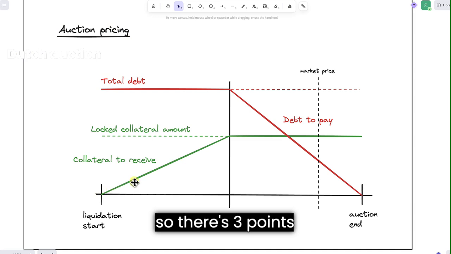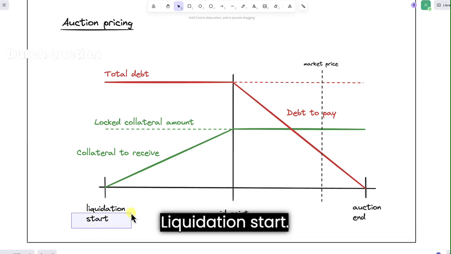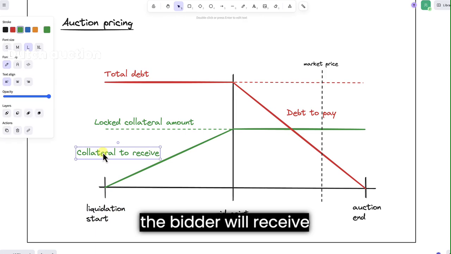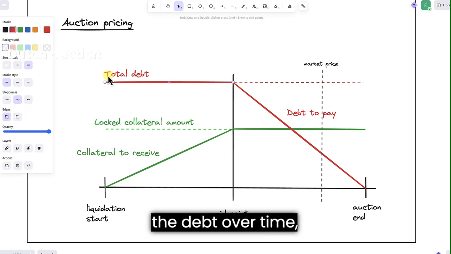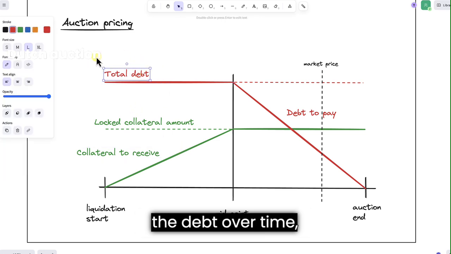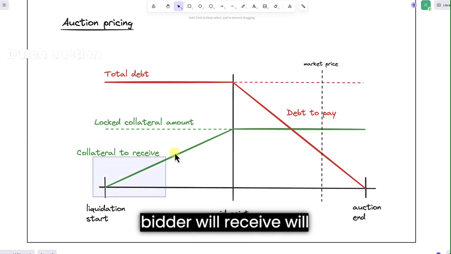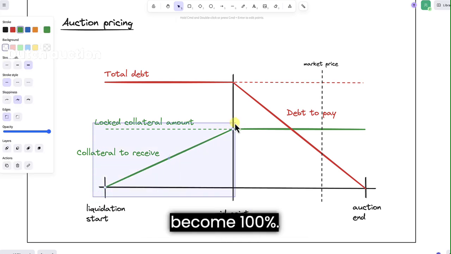So there are three points in the auction. Liquidation start. When it starts, the bidder will receive 0 collateral, and he'll have to pay all of the debt. Over time, to the midpoint, the amount of collateral that the bidder will receive will become 100%.